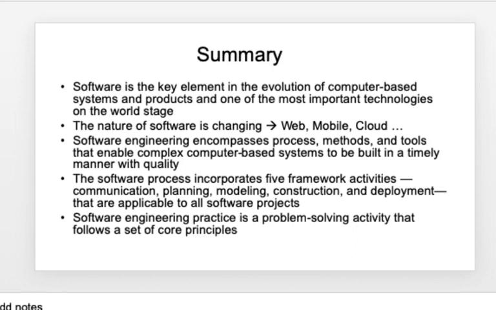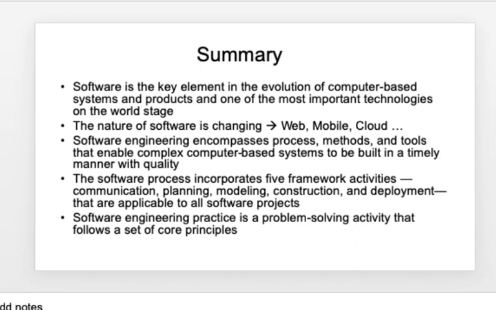So, to give you a quick summary of this lecture, software is the key element in the evolution of computer-based systems. The nature of software is definitely changing between web, mobile, and cloud. Software engineering encompasses processes, methods, and tools, and obviously the bedrock is quality.